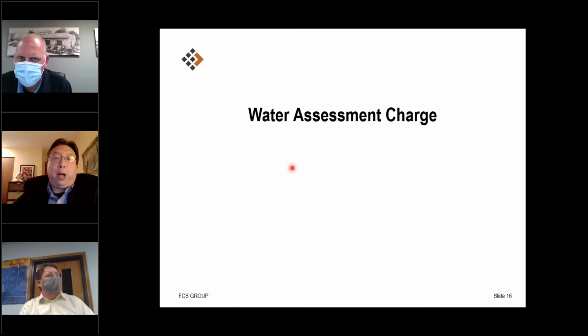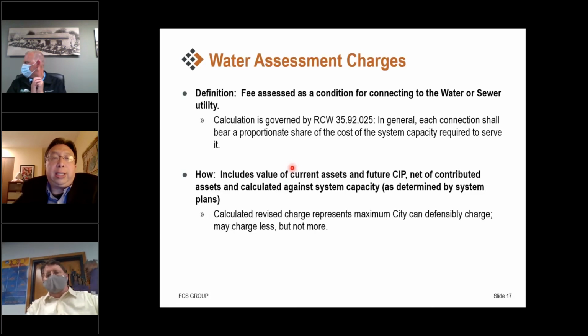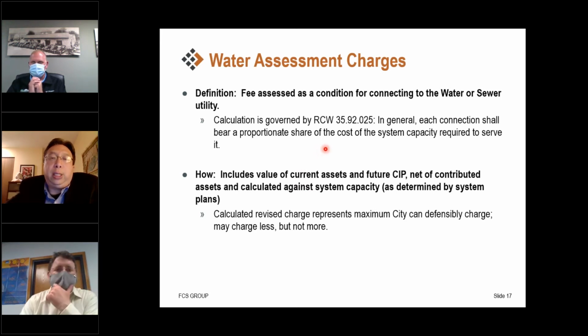We also took a look at your water assessment charge, similar to the sewer utility. This is your assessment charge that is assessed on new connections to your utility system. So the same RCW applies to the water utility as it does to the sewer utility.